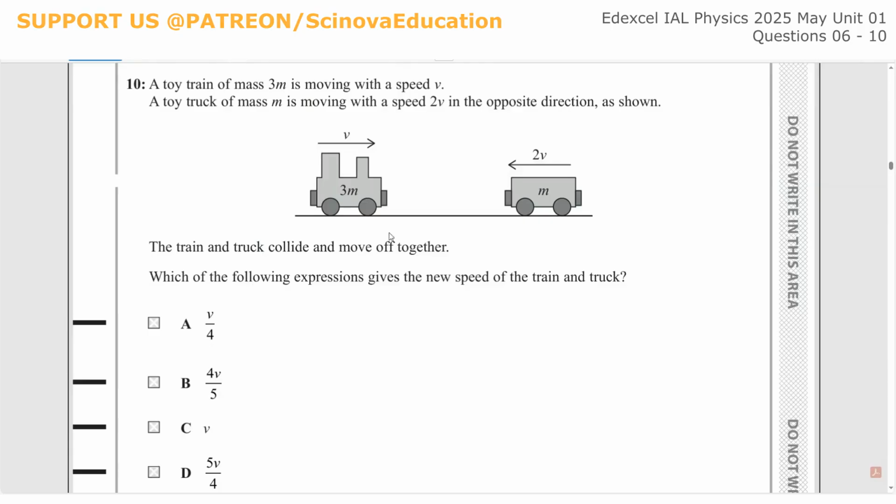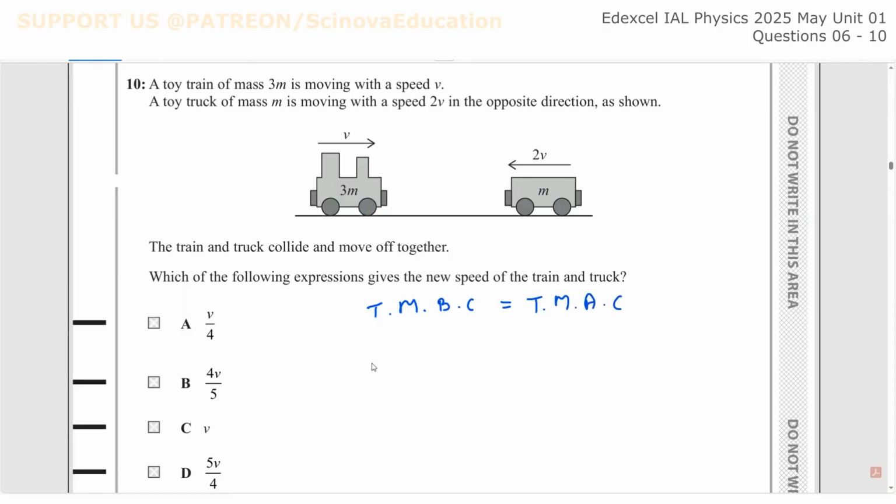This is a collision problem, which means we will have to apply the principle of conservation of momentum. According to the principle of conservation of momentum, total momentum before the collision should be equal to total momentum after the collision.